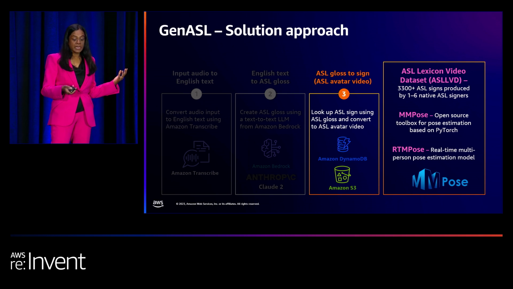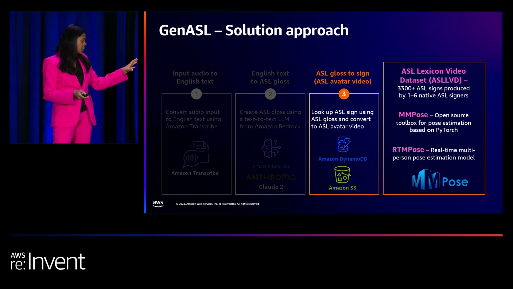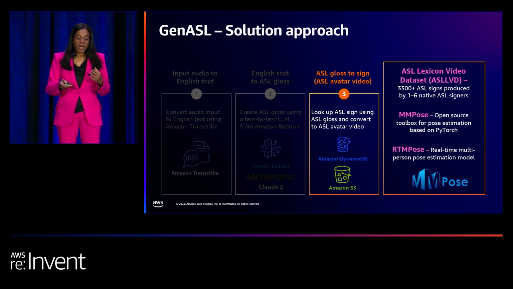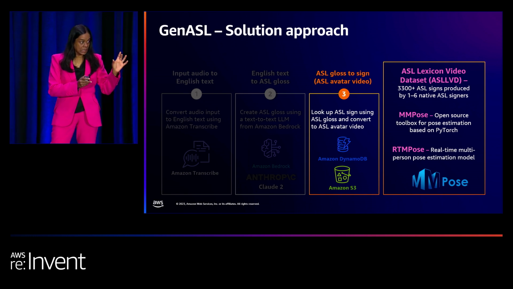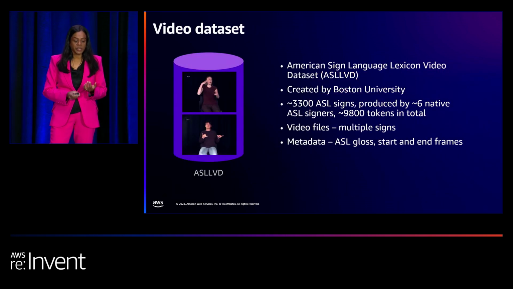And then we are going to be leveraging MMPose, which is an open source toolbox, and RTMPose, which is a pose estimation model, that's going to be generating those ASL avatar videos. Suresh is going to dive deeper when he's walking through the architecture. But really, we are going to be able to have the ASL gloss as a key in the DynamoDB table, and the pointer to those videos is going to come from the S3 location.